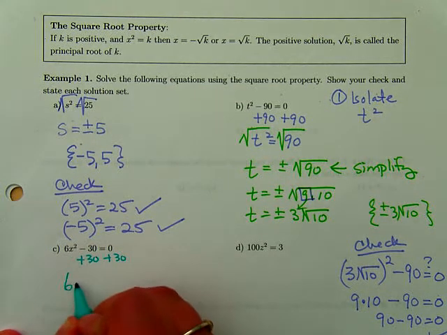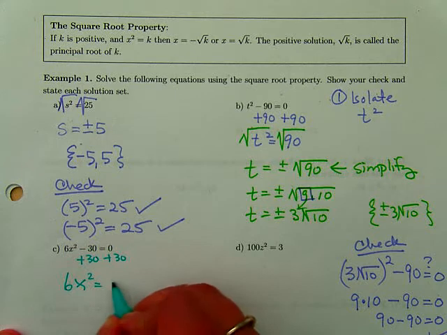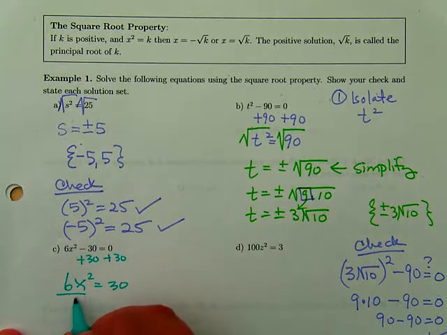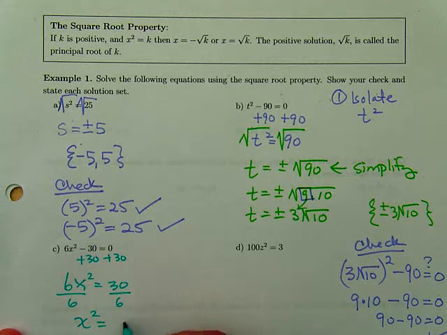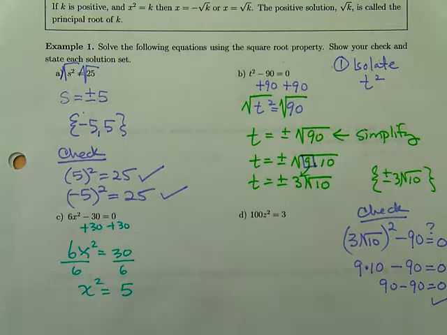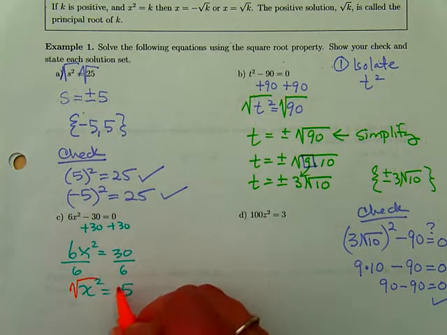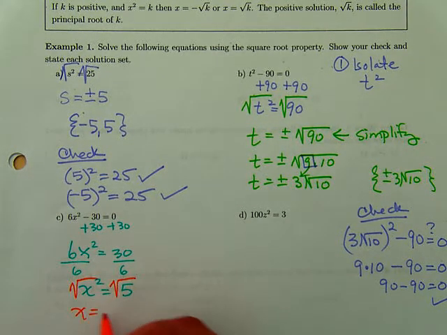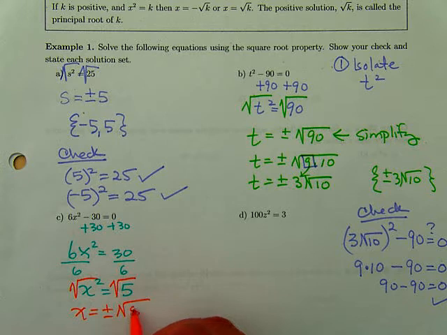And then I get 6x squared equals 30. Now we want to divide by 6 to get x squared by itself. We get 5. How am I going to undo that x squared? Square root. Take the square root of both sides. x equals plus or minus radical 5.